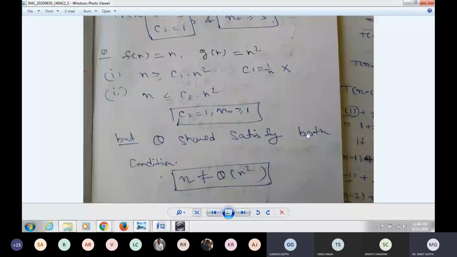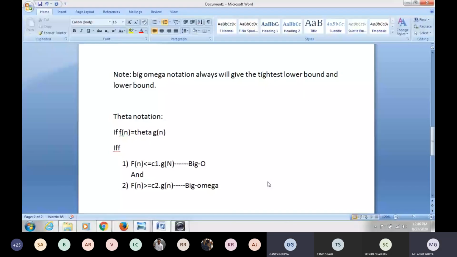So it's page number 5. Start the small omega and small o. Can I start? You can ask if you have any doubt up to here. Tell me.